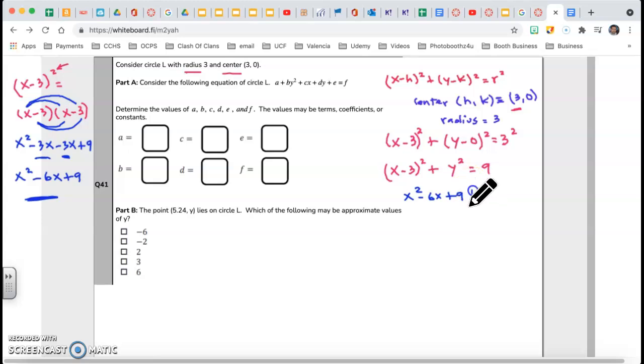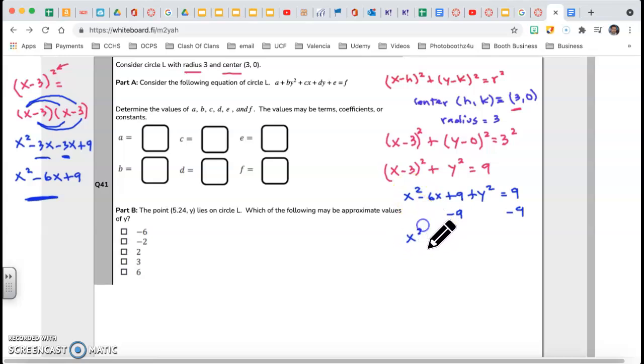Bring down the y squared. Bring down the equal to 9. All right, now there's no parentheses. Let's solve and organize. I see that I have something, y squared, x, and there should be a number here. So I have 9 on both sides. I have to see if I can simplify that. The way to simplify is by canceling that 9, minus 9, and then I do it on both sides, right?